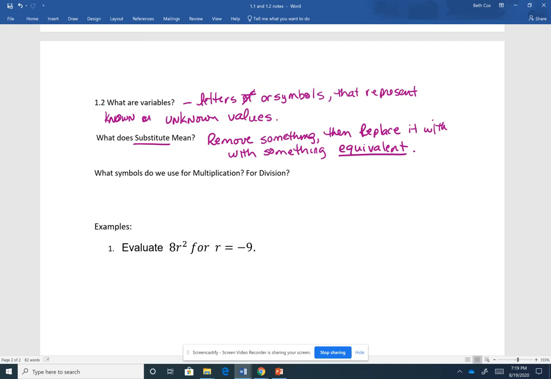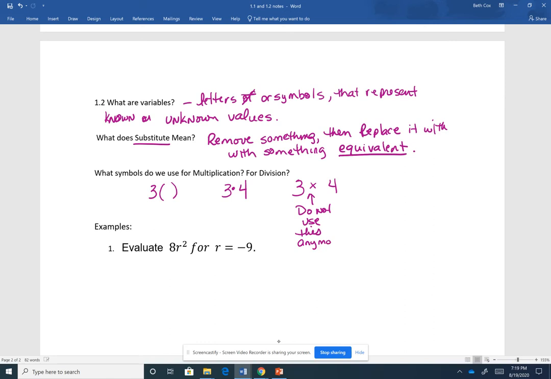Okay, so now just a quick reminder, the symbols for multiplication and division. Let's just remember that parentheses, when we have a number next to a parentheses, that's multiplication. When we do a dot, that is multiplication. Please do not use this anymore, because this is going to get confused with the letter.